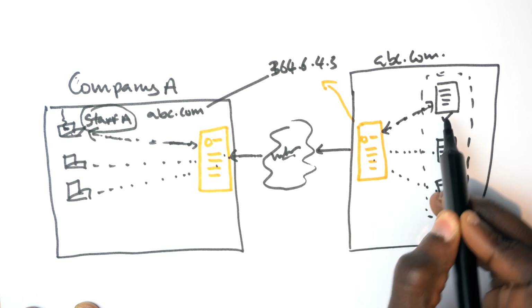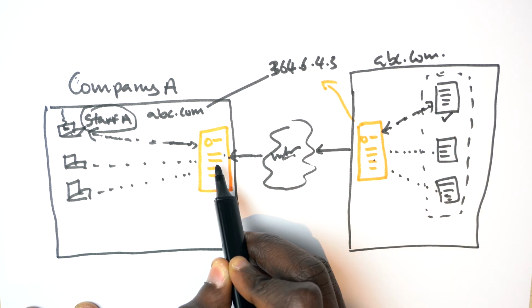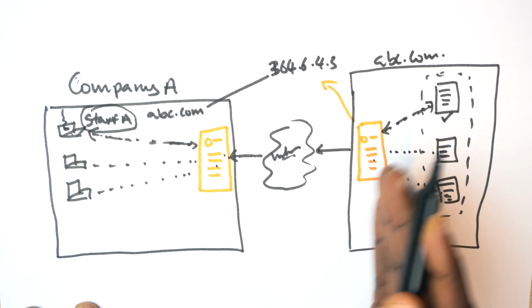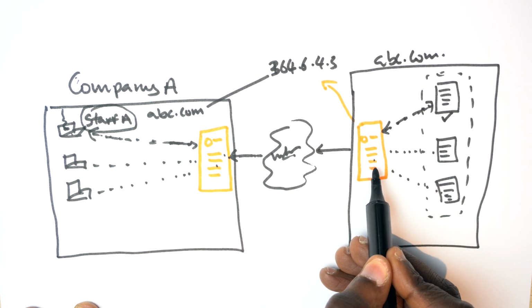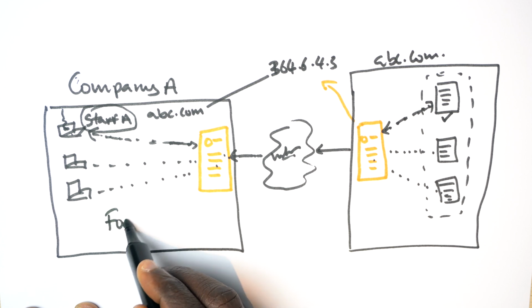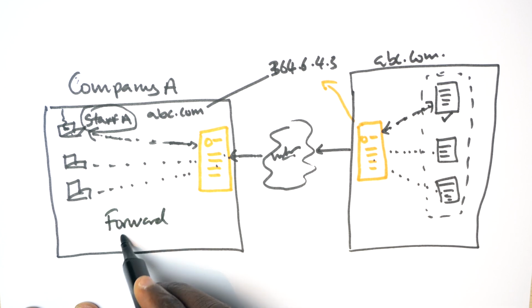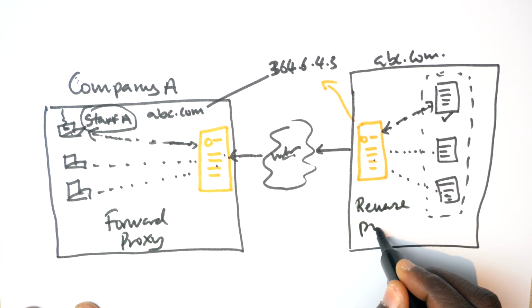The particular machine that actually handled the requests from this network of company A is unknown to it. All it knows, the request came to this particular server and it got a response back. So here we have the forward proxy going on, while here this is a reverse proxy setup.